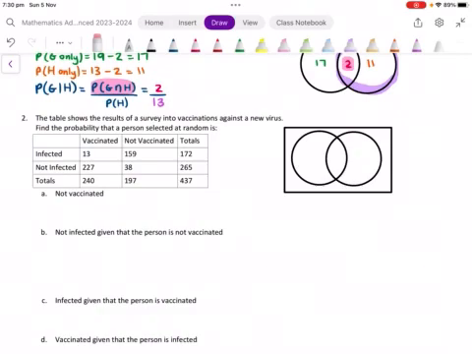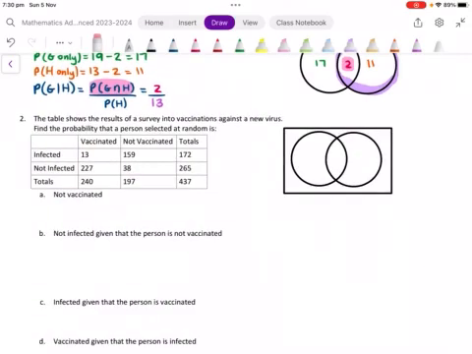So with our vaccinated and infected, we have our both section. So our both section is here, so that they are vaccinated and they are infected, and so we can put that number of 13 there. Now say this is vaccinated, this is infected. Now we'll have the people that are infected but not vaccinated.